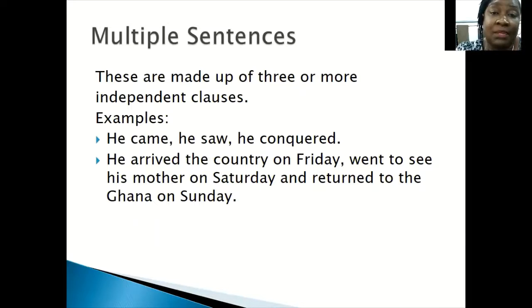It is a complete sentence. And he returned to Ghana on Sunday is also an independent clause. So you see that in that sentence, he arrived the country on Friday, went to see his mother on Saturday, and returned to Ghana on Sunday is a multiple sentence.